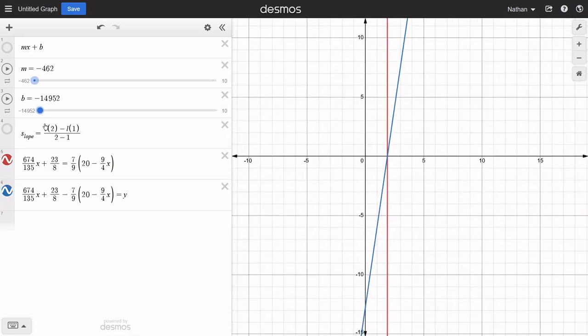If I wanted to, I could try and get the line here. I know that would be my intercept, so I'll just do negative 12 for the estimate. And then the slope, let's see if I can just drag the slider.